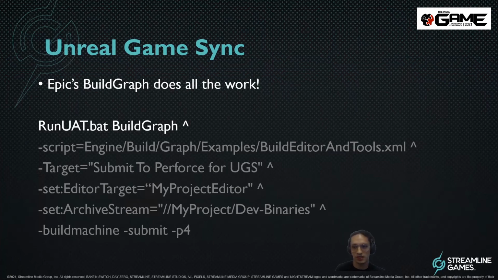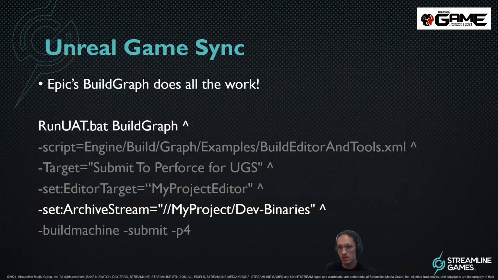All we do is define the script that we want to use, in which case it's the build editor and tools script, under which they have a submit to Perforce for Unreal Game Sync target. We provide the editor target that we want to use. In our case, that would be BNS editor, because our whole project, our U project, is a BNS.uproject.